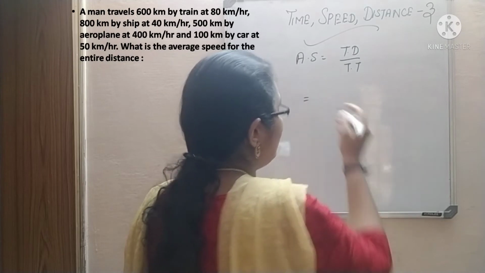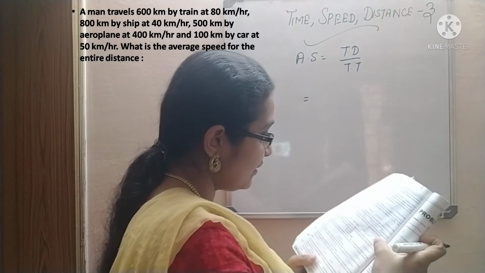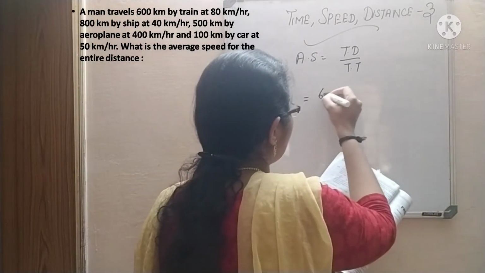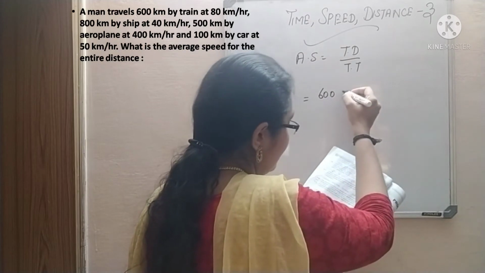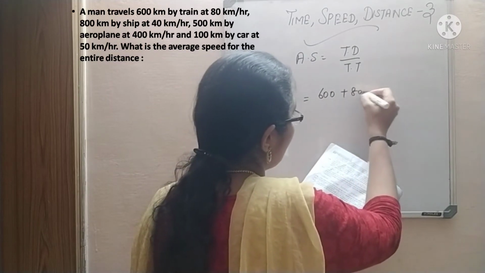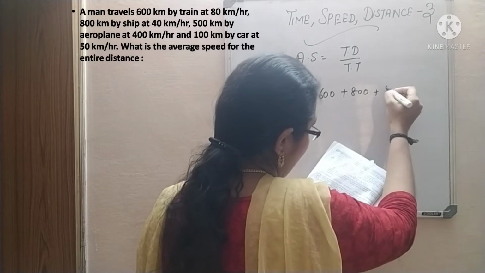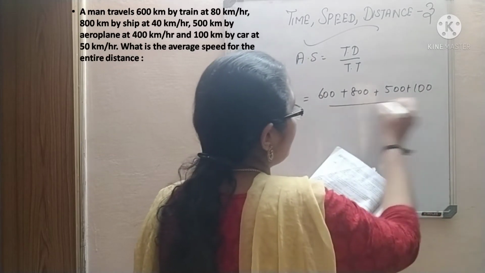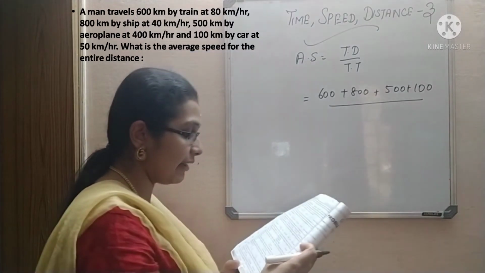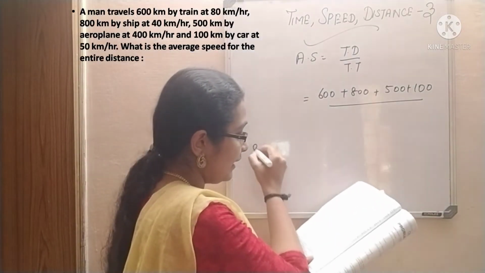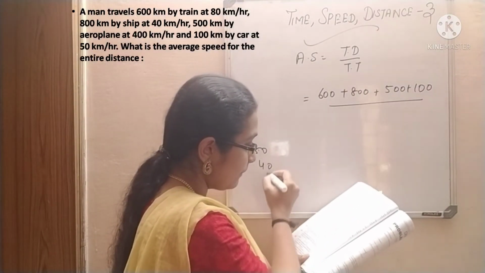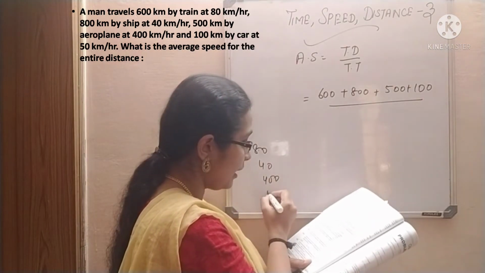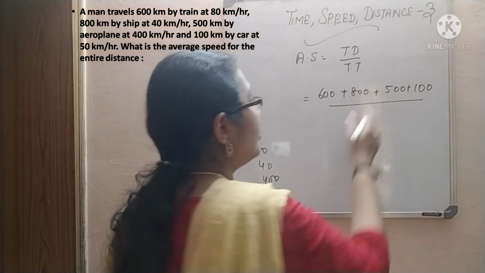So what are all the values given? First distance is 600 kilometer and next is 800 kilometer and next is 500 kilometer and next is 100 kilometer. And time they haven't given, instead they have given the speed. Speed is 80 km per hour, 40, 400 km per hour and 50. Now we will substitute here.